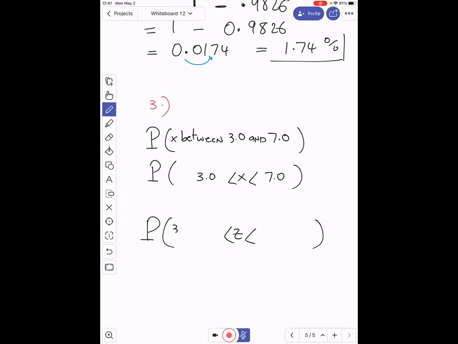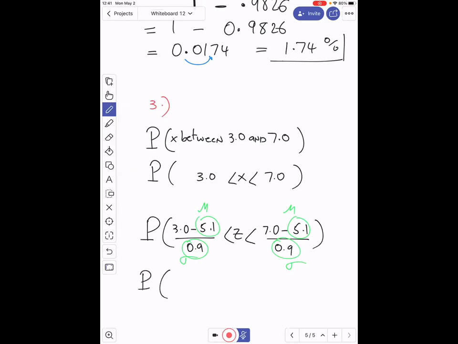So it's 3.0 minus mu over sigma, 0.9. And on the right side, it's 7 minus 5.1 over 0.9. So again, guys, this is mu, and this is sigma. Mu and sigma, right? That's how we convert x to z.